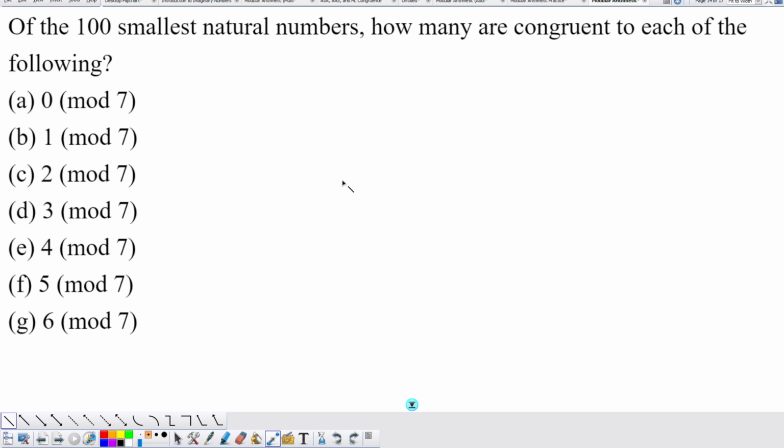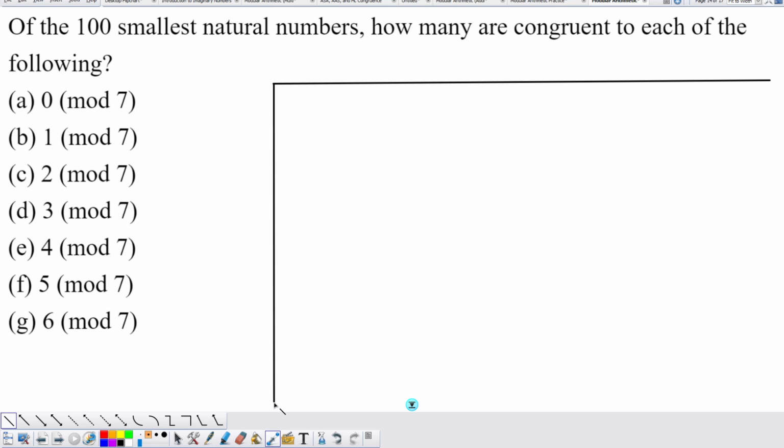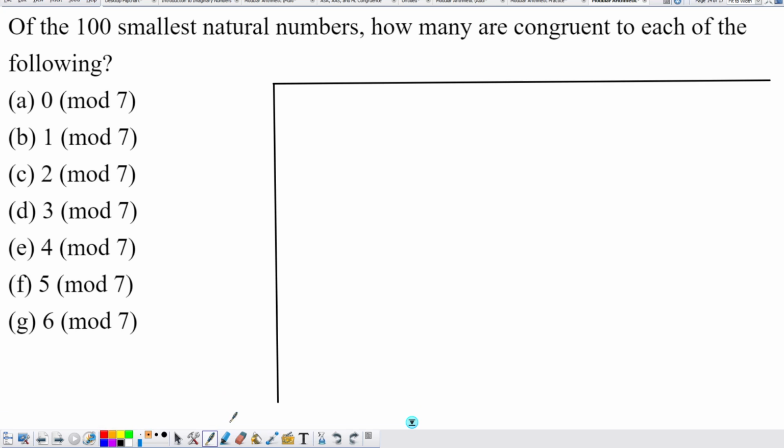So, let's think about this. And let's set up a table because tables make things organized, and organization is key, especially when we're going to come across problems with these. We're going to have a lot of answers.